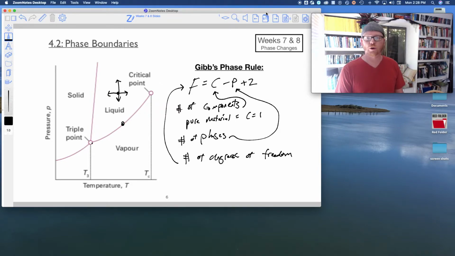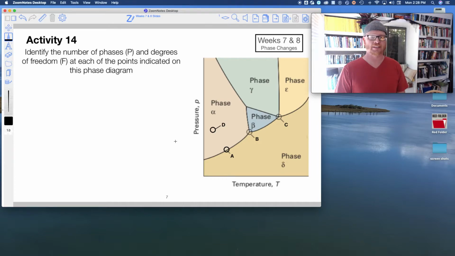Okay, so let's work through a fictitious example. This is an activity. Identify the number of phases and degrees of freedom at each point indicated on the graph. We've got A, B, C, and D. Here's point A, right on this line.